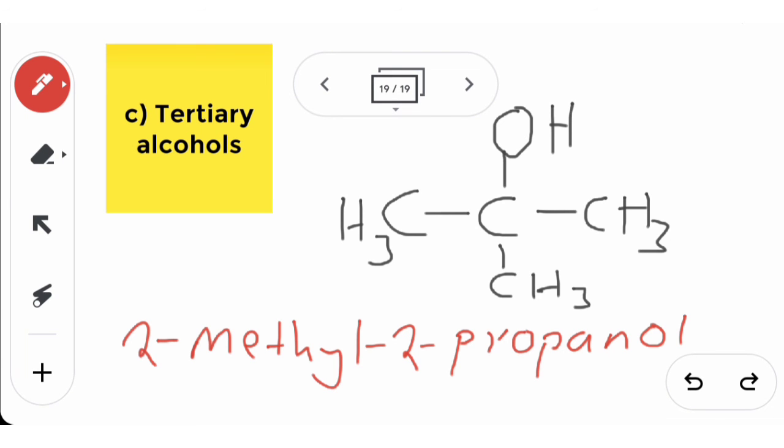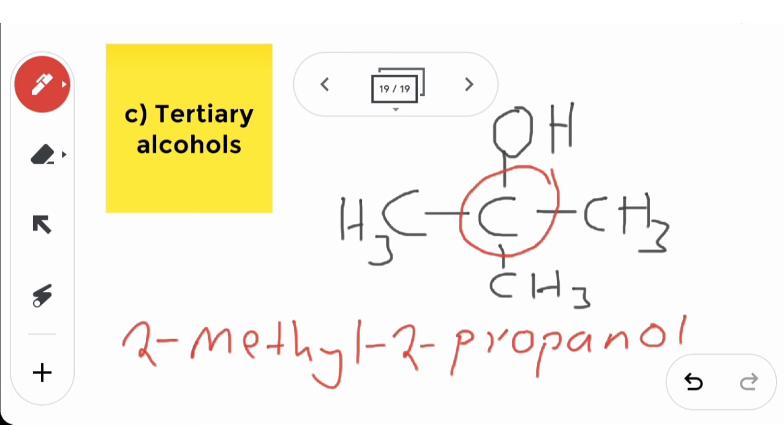2-methyl-2-propanol is a very good example of tertiary alcohols. Let's understand why this particular alcohol qualifies to be classified under tertiary alcohols. For us to do that, we need to first identify the alpha carbon. The alpha carbon is this carbon right here because it's the carbon atom that is directly attached to the hydroxy group, which is the functional group for all alcohols.